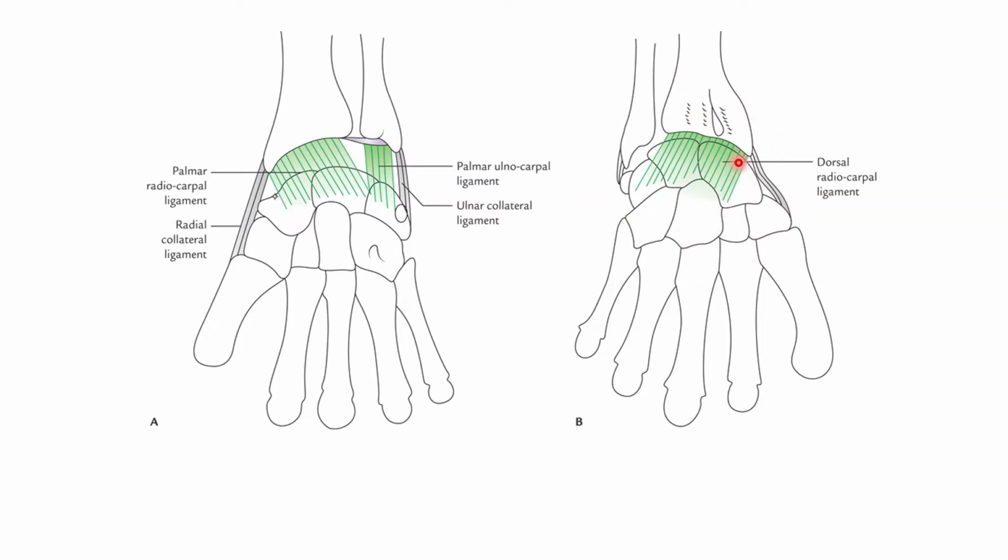The attachment of the capsular ligament is over the peripheral margins of the articular surfaces over the radius and the articular disc, and inferiorly the attachment of this capsular ligament is over the articular margins of the scaphoid, lunate and the triquetral.